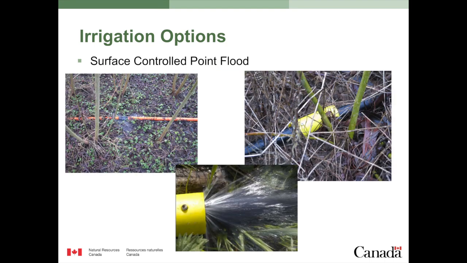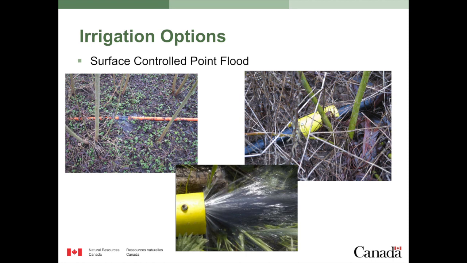So the other system, this is the system that John Gilberts has been using, and I've seen it in operation, and it's one that we're going to install at O'Hatton at our Camrose County site. Basically a 1.25 inch line with holes drilled about every 10 meters, and I won't get into all the details, but with that hole you put this plastic sleeve on that hole, and that sleeve keeps the water from going up like this and just out to the sides, and you get this pool of water as you see in the left-hand photo here.